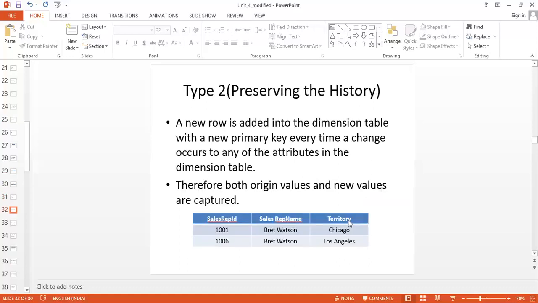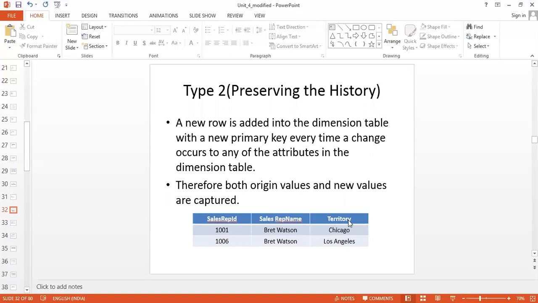The second type we have is preserving the history. Instead of directly replacing the value in the table, in the second type a new row is added to the dimension table, and a new primary key is also added every time a change is made.